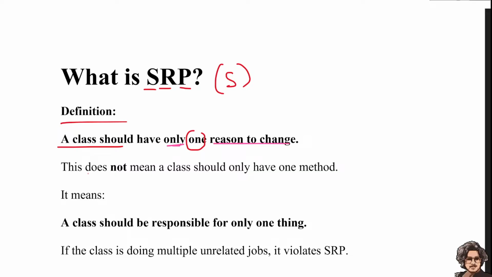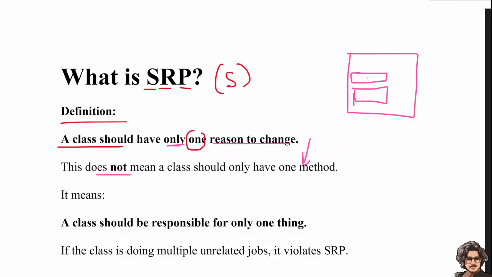This does not mean that a class should have only one method. We make a class, and the class has some methods inside it. There can be many methods, but it has a single responsibility.